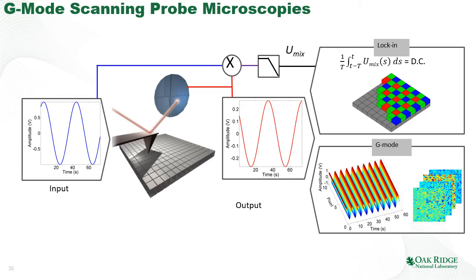We detect the response, which is going to have a first harmonic component, and then we use the lock-in amplifier to select the amplitude and phase only at this first harmonic. The G-mode approach utilizes a slightly different concept. Rather than detecting the response only after the lock-in amplifier, what if we just store and then post-process all the signal detected by a photodiode?